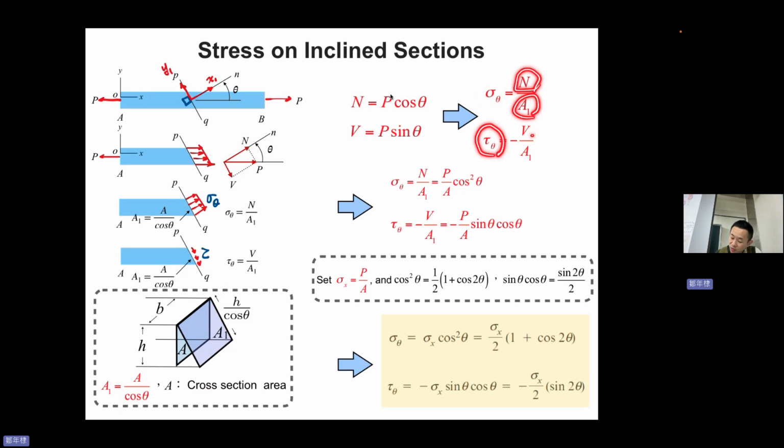Tau theta equal to V divided by A1. And you see the minus sign. Wow, you need to be really careful about this. Why? Because your P is positive, and theta is using the anti-clockwise direction, also the positive direction.